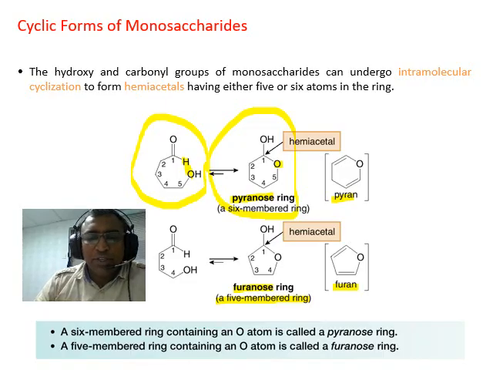Okay. So this is referred to as acyclic or cyclic, and as you can see here, the arrows point more towards the right, meaning it will exist as cyclic rather than acyclic most of the time. And lastly, in terms of hemiacetal, once the structure joins here, it will form a hemiacetal structure at this location.